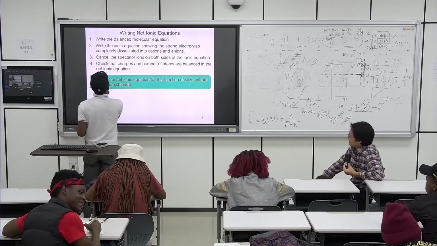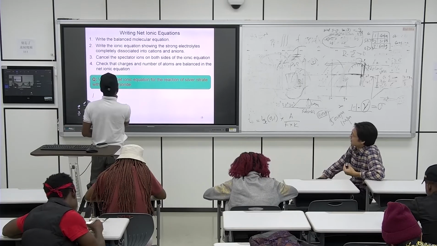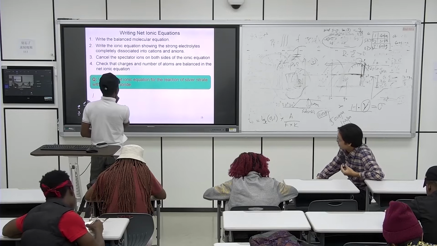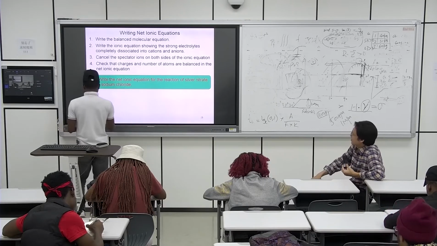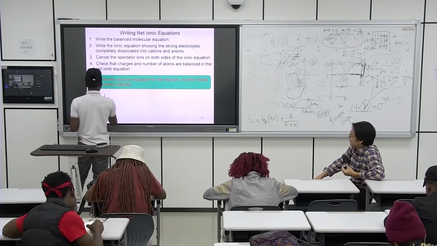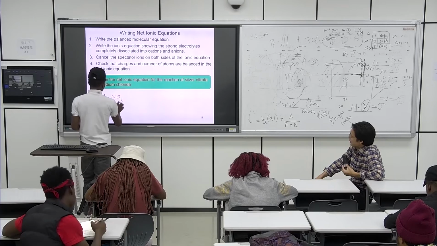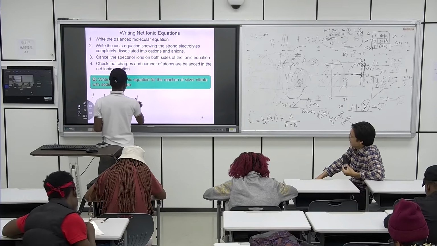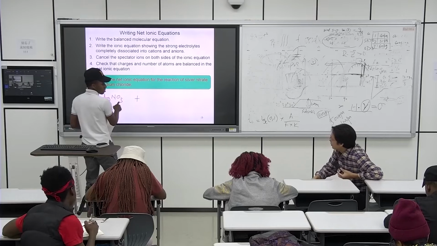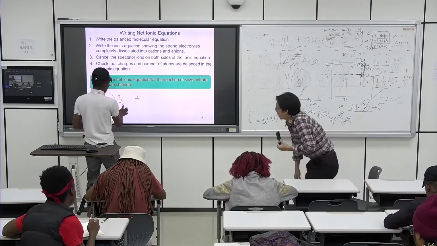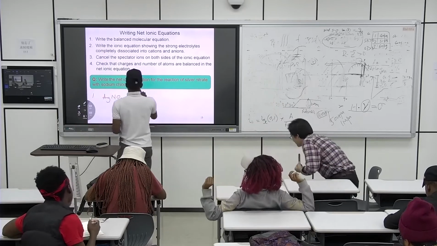Silver nitrate, and the reactant is sodium chloride. So silver nitrate, yes. Then plus sodium chloride. Is it important to write the state? Just balance it.